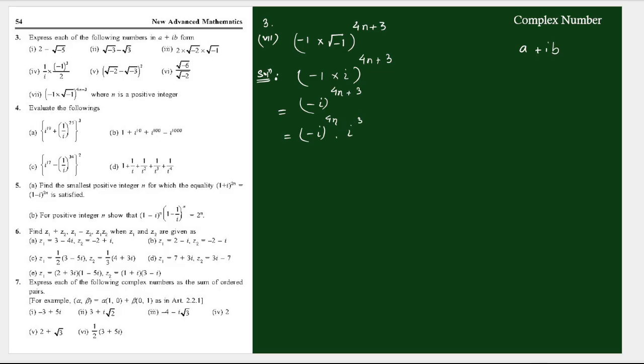Okay. What should be done after this? So again we will use the exponential formula. Minus i to the power 4, then to the power n. Then we have got minus i to the power 3.